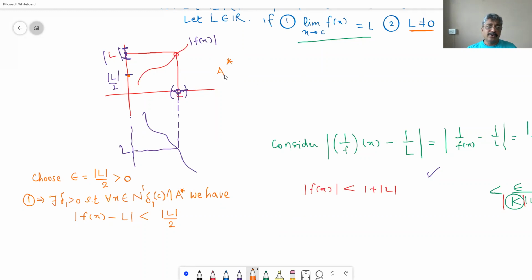So if we remove those values of x from the domain A which is given to us, we are safe. We will not be making f 0, and therefore we can take the reciprocal. A could have some points where f becomes 0, and because we are interested in 1 upon f, we have to ensure that all those x which make this function equal to 0 are removed, and consider the domain as A star.